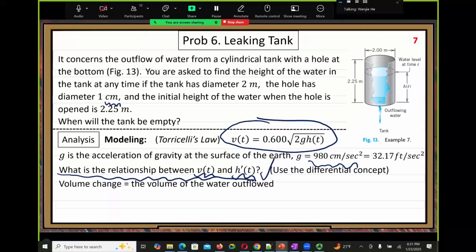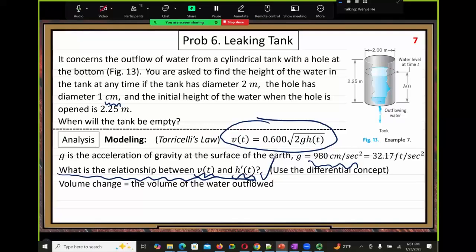Between T1 and T2, the same volume flows out through the bottom hole. It's the same amount of water that flows out.